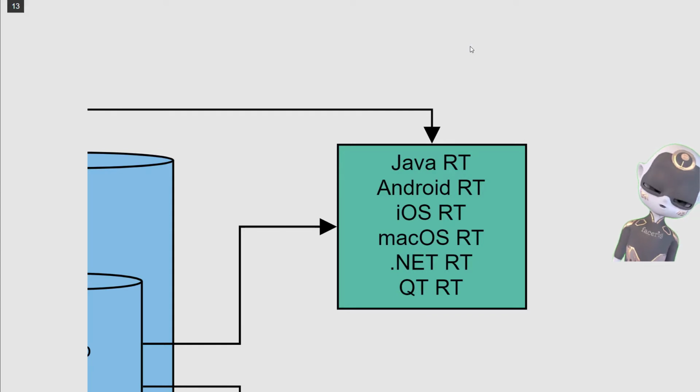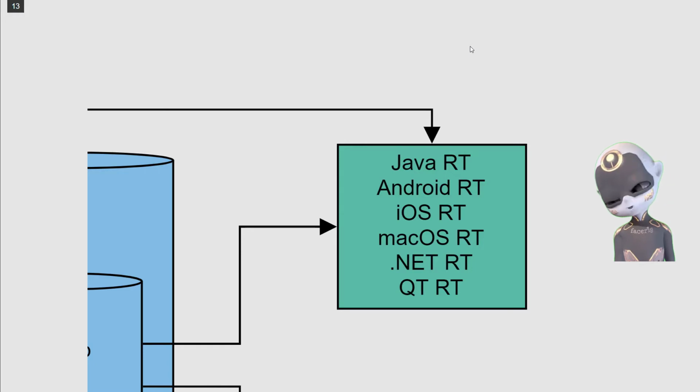There's also the Qt runtime, which can run on all of those. Basically, it can run on desktop, mobile. The one place it doesn't run is the web. But if we're doing web stuff, then we're probably going to be using Web App Builder or Experience Builder.